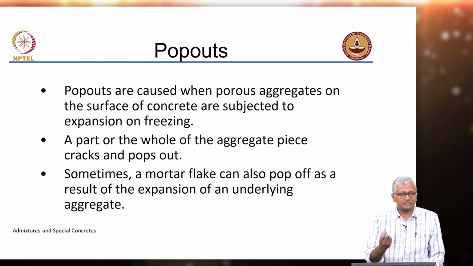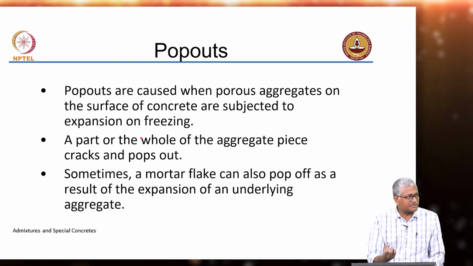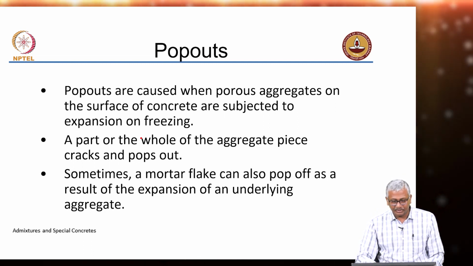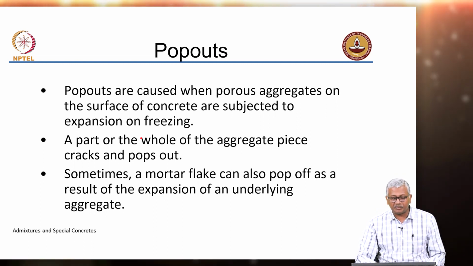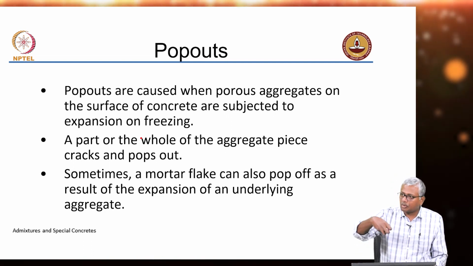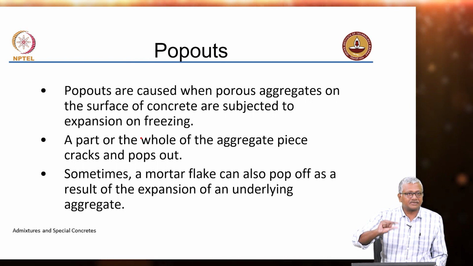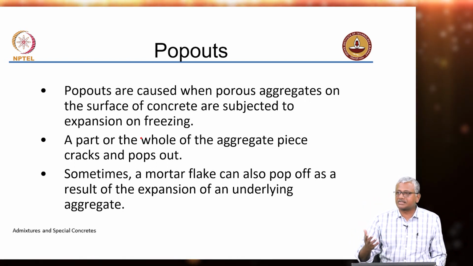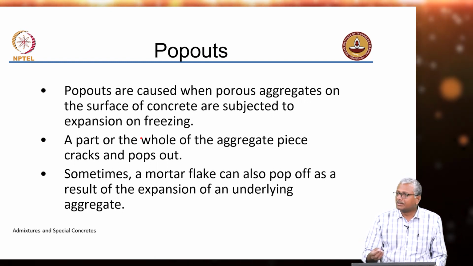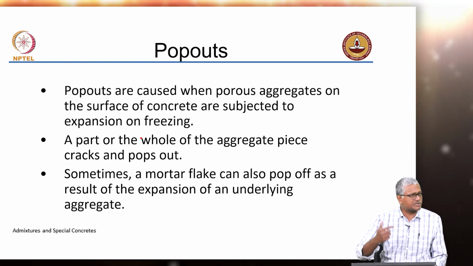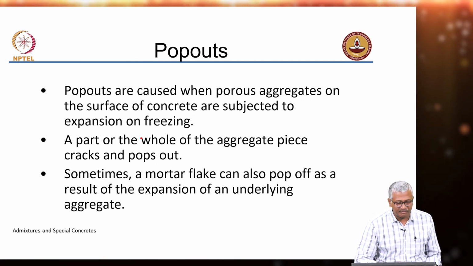It is not staying back in the mortar, the expansive stress is so much that it is just popping out. That is called a pop out. A part or whole of the aggregate piece cracks and pops out. The aggregate can completely come out, or only a part of it gets scaled off or removed from the surface. So, on the surface of concrete where pop out is there, this appears like pock marks. It's quite interesting to see, mostly in locations where you have freezing damage.